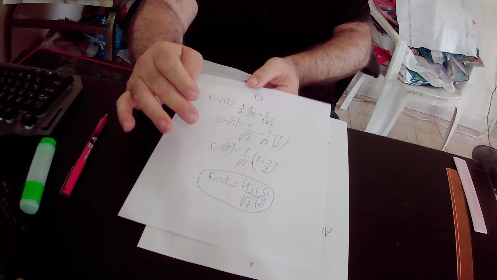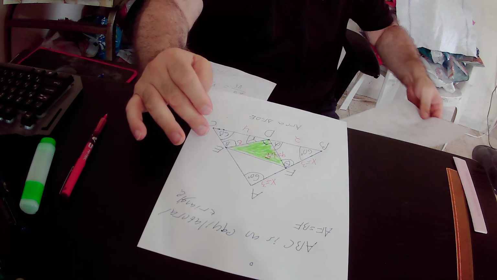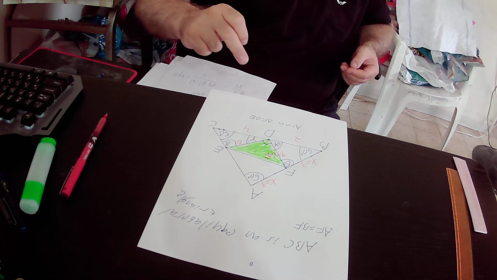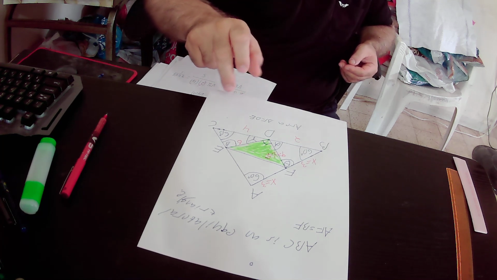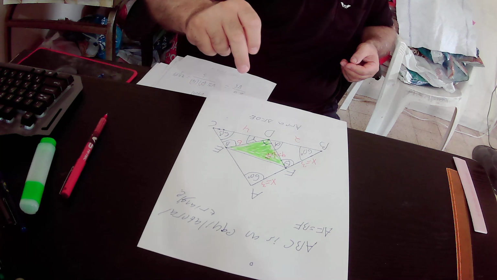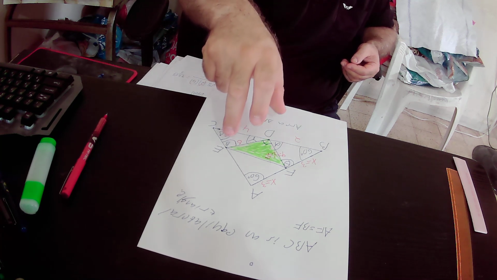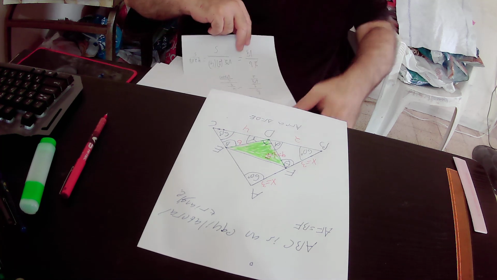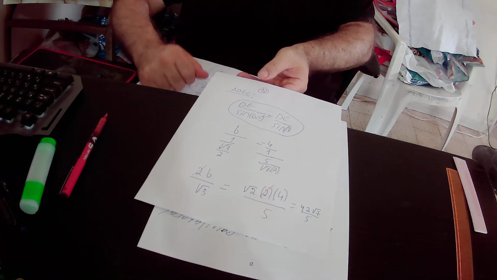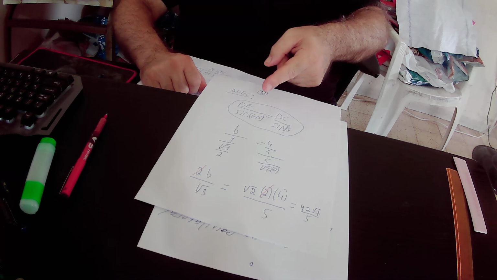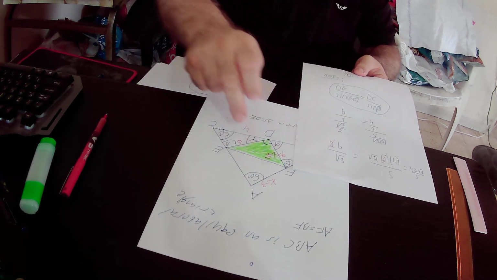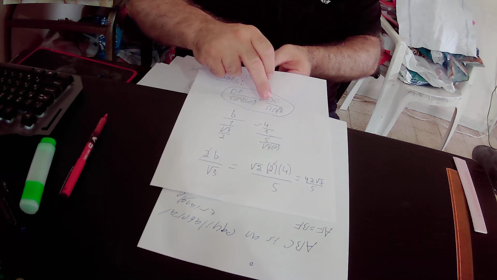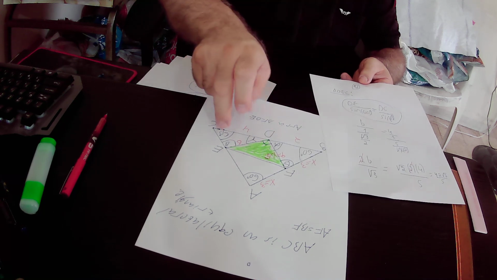Okay, so after we know the value of sinus beta, we can calculate the value of b, because according to the law of sines, dE, that is b, over sinus 60 degrees equals dc over sinus beta.